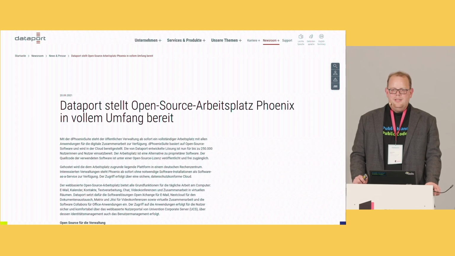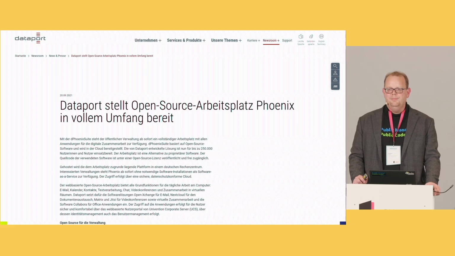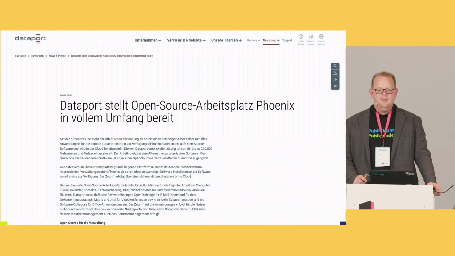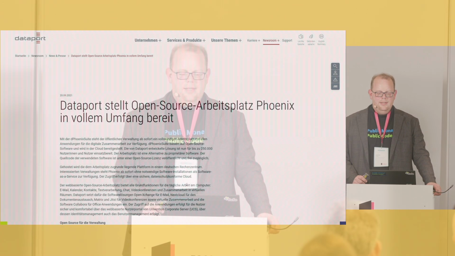It's about the Northern German public service IT provider Dataport, that released the sovereign workplace solution Phoenix for public administrations and presented it as open source, while no one, at least to my knowledge, received the whole code. We also tried to get the code after we had received access to the software, and no one was able to deploy it, so it was only run on their servers.